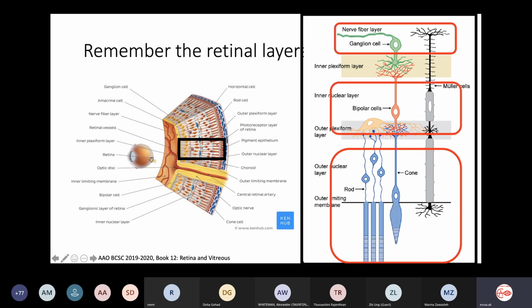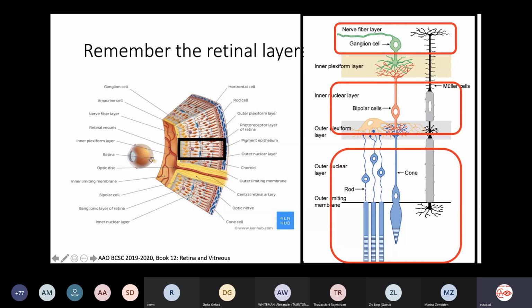You have the photoreceptors that receive your light, and then you have, let's call them, translating cells in between your main photoreceptors and the cells that will go into your brain, the ganglion cells that form the optic nerve. So you have 3 types of cells communicating together in the back of your eye.